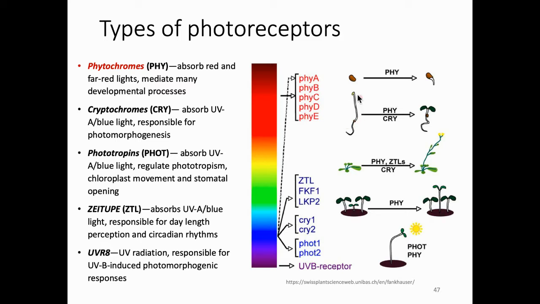photomorphogenesis. This one is the etiolated plant, when the plant does not receive light. The hypocotyl will elongate, and the leaf will not expand and not green up.